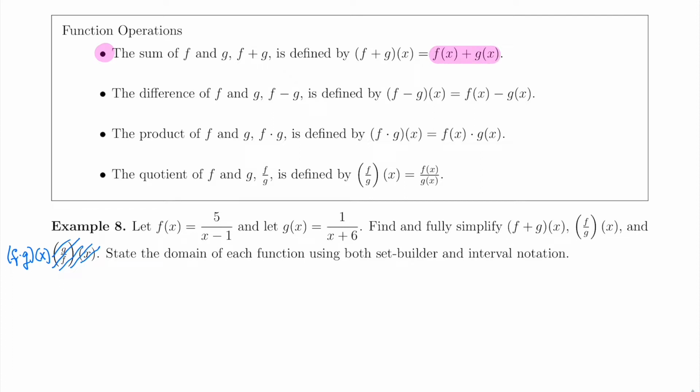That's it. And then we do the same with subtraction. We are simply subtracting the two function values at every x of the domain. And then the same for multiplication and for division as well.